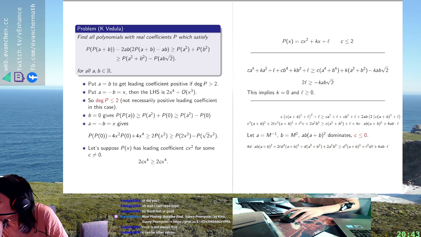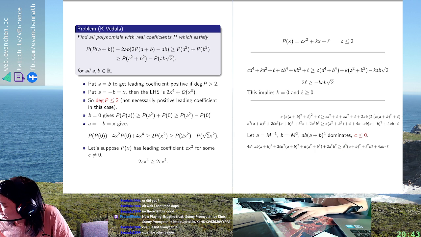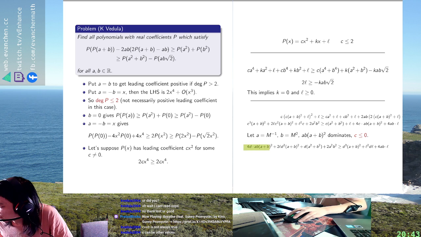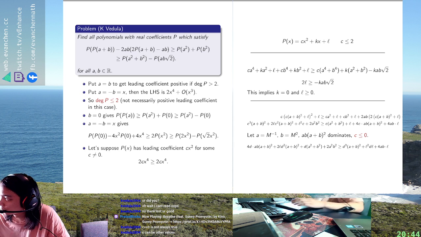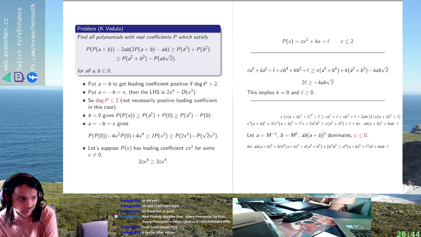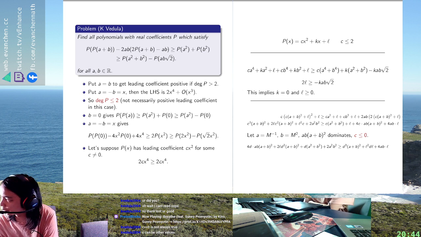So the thing is, this actually seems pretty... cases. C less than or equal to 0 is not always true.